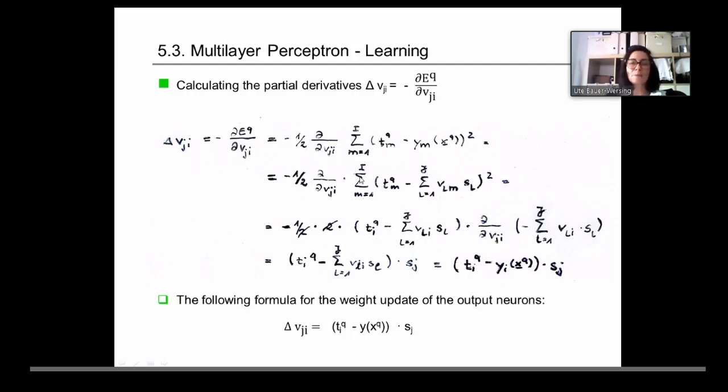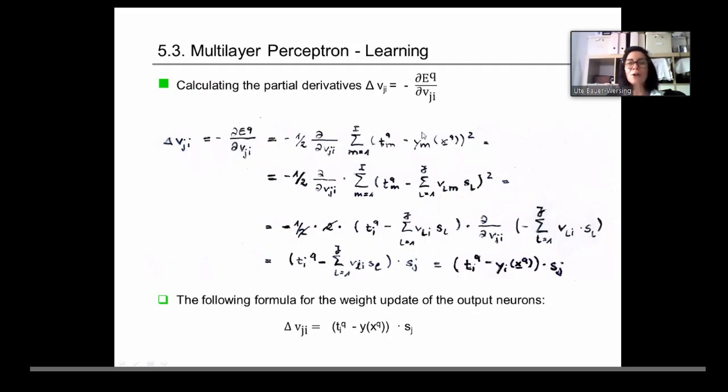Okay, so where is the Wji? The Wji is part of the current output of one of the neurons. So it's part of one of the functions ym of x of q, right?